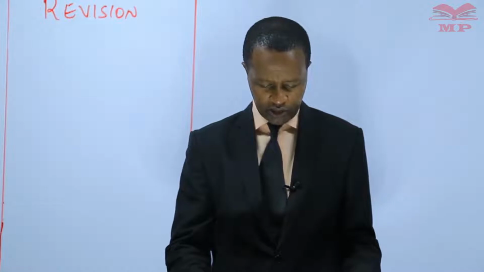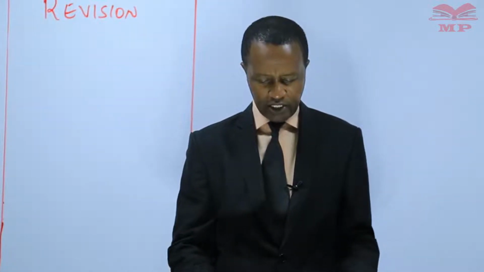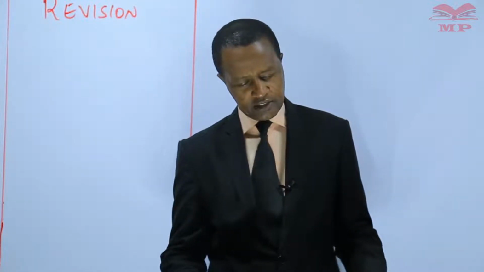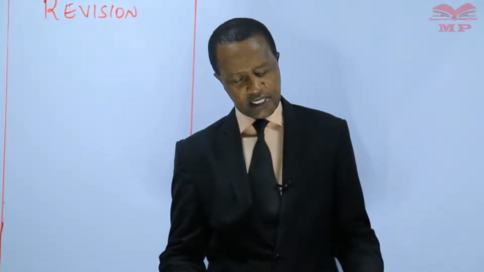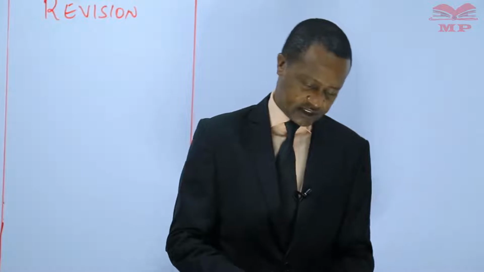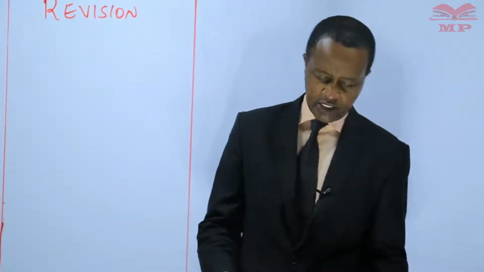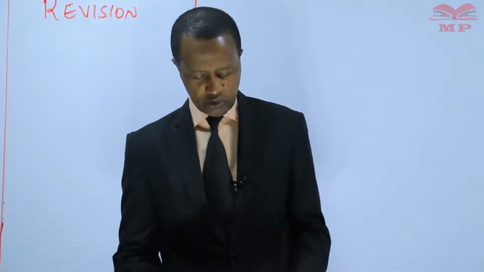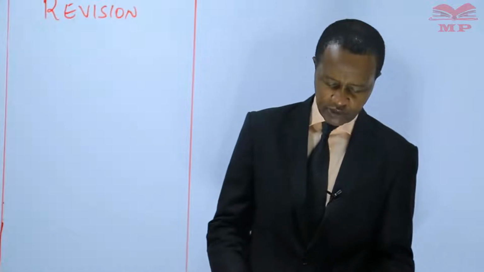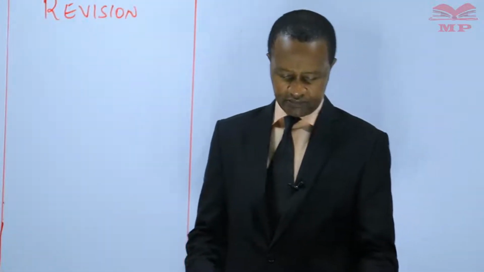The question required candidates to calculate the indices, Laspeyres price index, the Paasche price index, the Fisher's ideal price index. The question also required candidates to distinguish between primary data and secondary data. There is also a question on the methods: explain methods that could be used in collection of primary data.